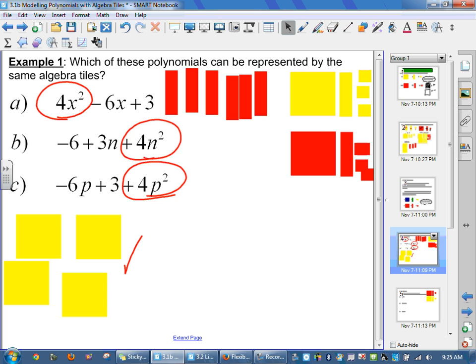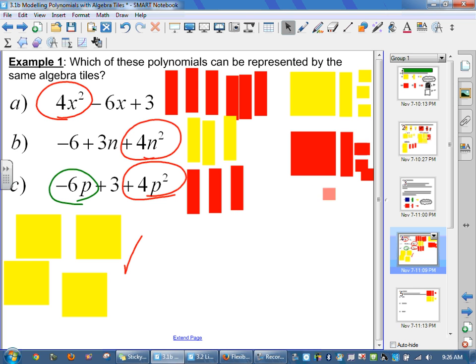Good. What color are these ones? Yellow. So I'm going to get 3 yellows on this one. What do I get on the very last one? 6 reds. Which one in letter C tells you to do 6 red? Right, the one with the variable, the one with the letter. So here I'm going to have 6 reds. So far, which ones have matched? A and C so far.